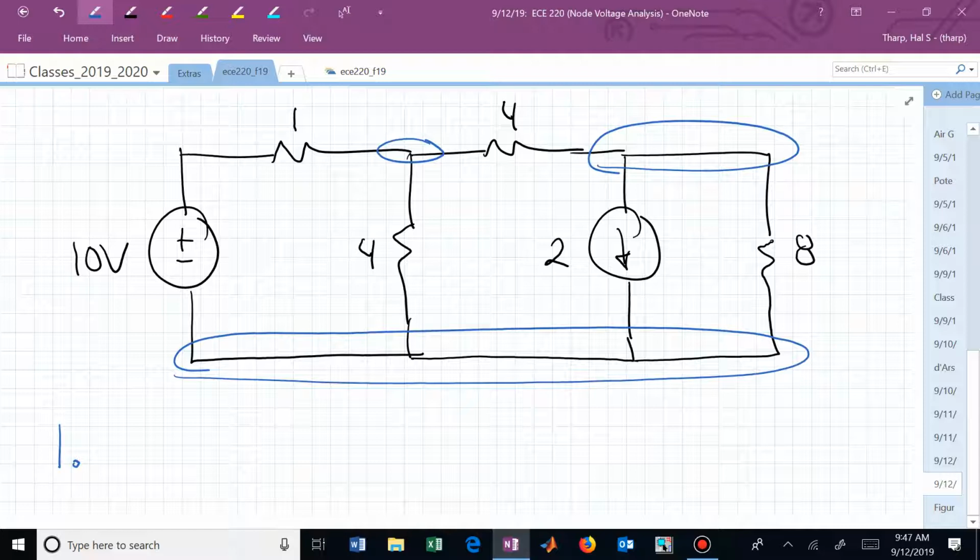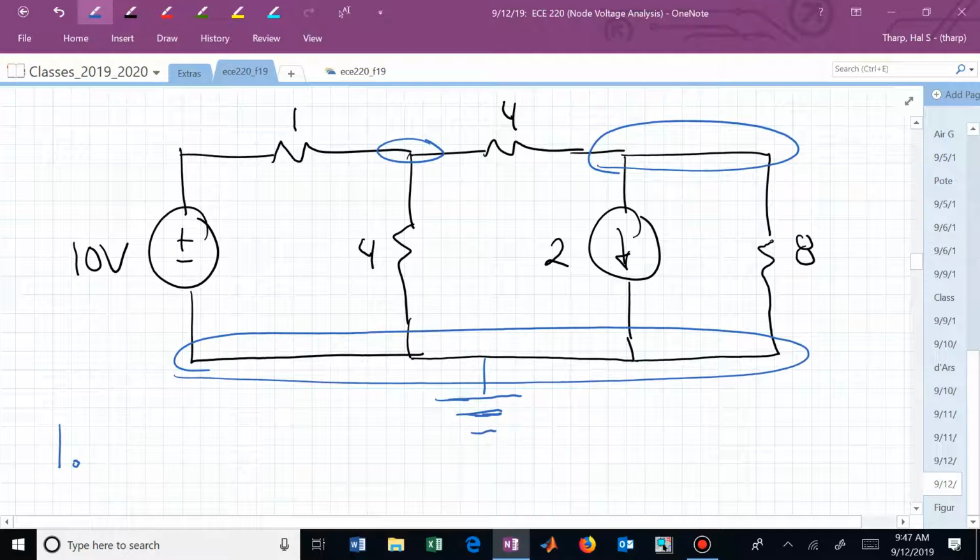So here we need to identify a reference node, or a common, where we would connect our black cable in the lab, and typically it's the one where most nodes are associated with. A lot of times in this class we draw it to where the reference node is going to be on the bottom. Let's just make this bottom node our reference or common node.